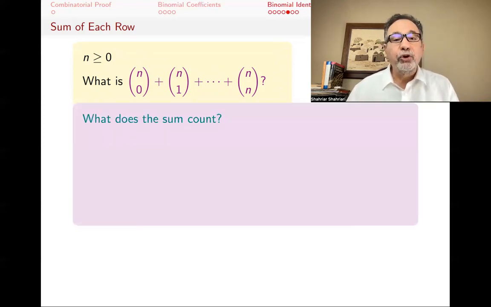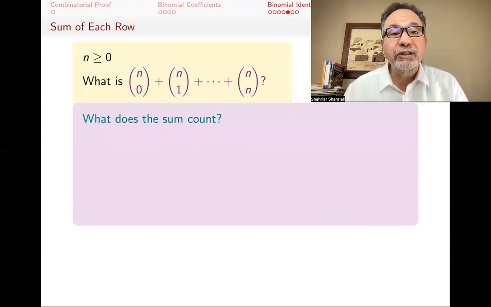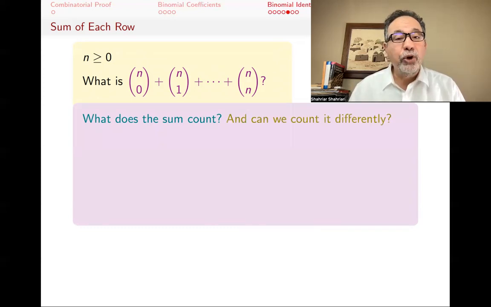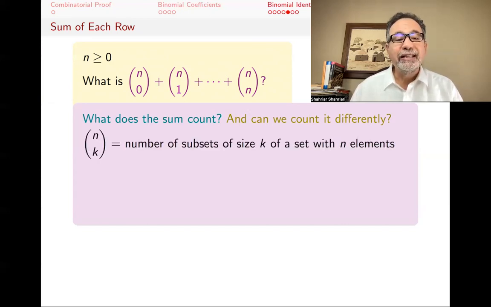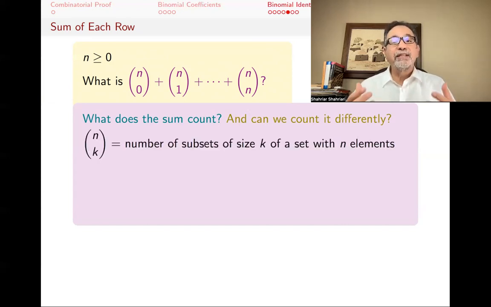So the way we're going to do this is, instead of writing formulas, we're going to ask what this counts, and after knowing that, whether we can count whatever that is differently. So what is n choose 0? n choose k is the number of subsets of size k of a set with n elements. So what am I doing there?